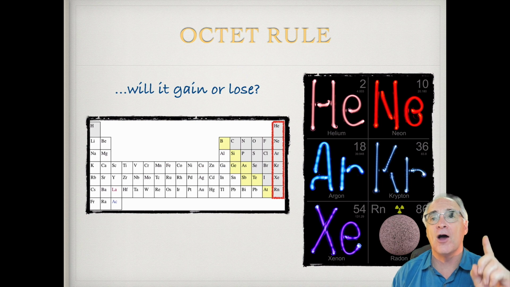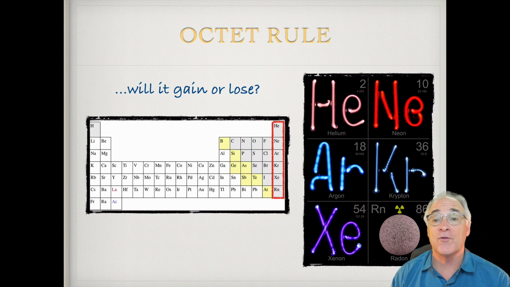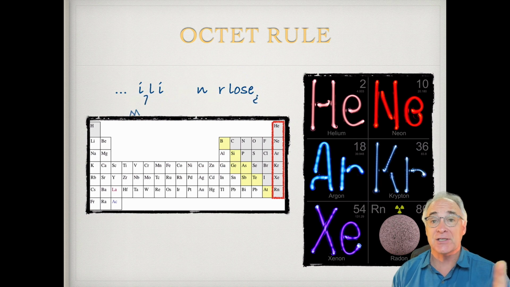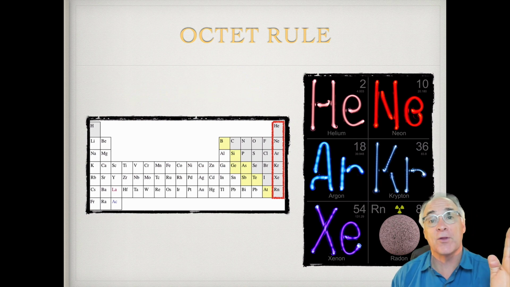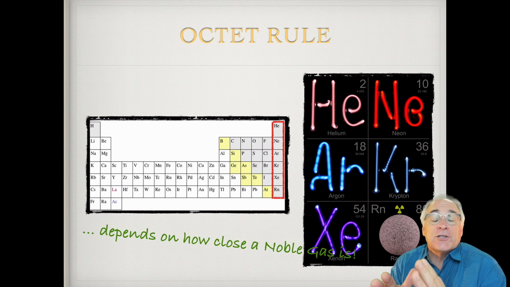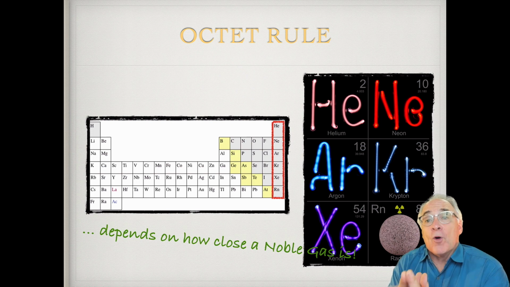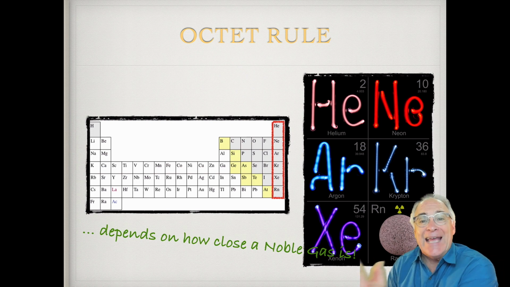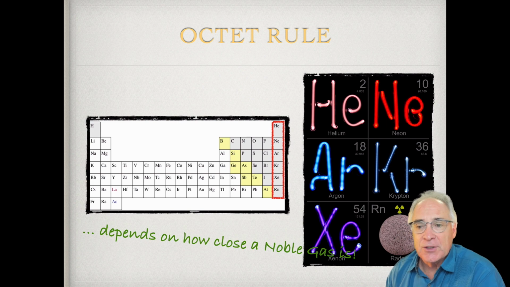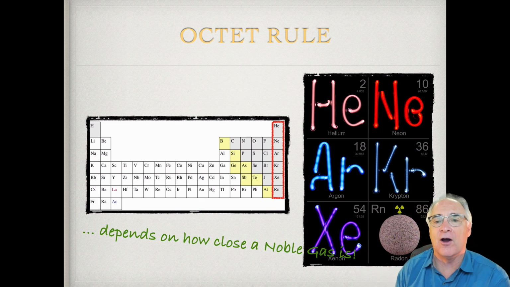Depending on whether they're close or far away from the noble gases will really tell us whether they're going to gain or lose electrons. So the closer they are to the noble gases, the more they're probably going to gain an electron or two. So they're either going to gain a couple or they're going to lose a couple, depending on how close they are to the noble gases.